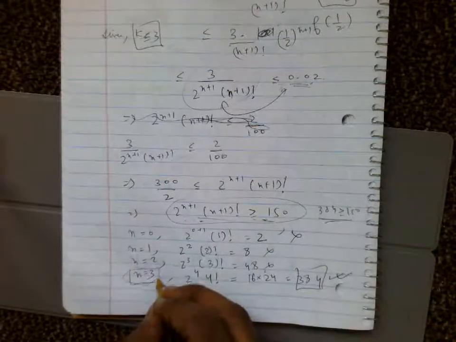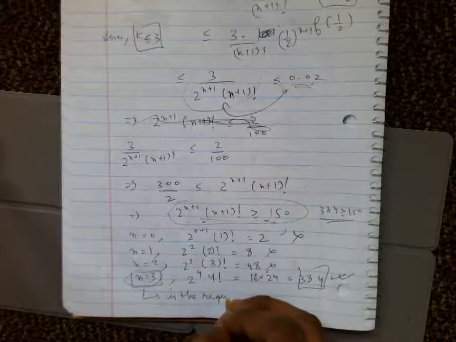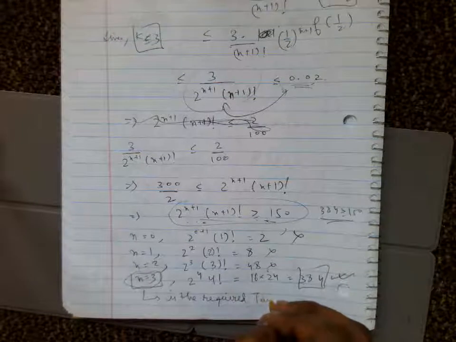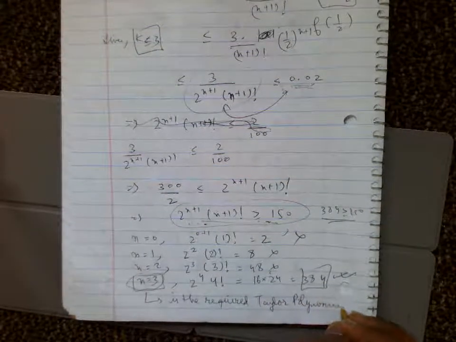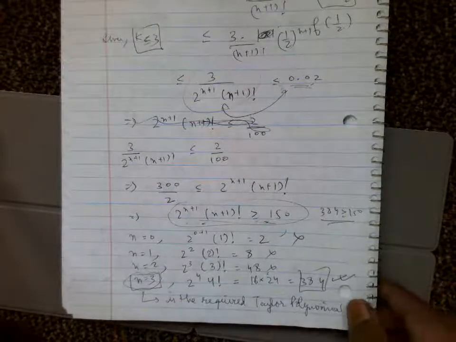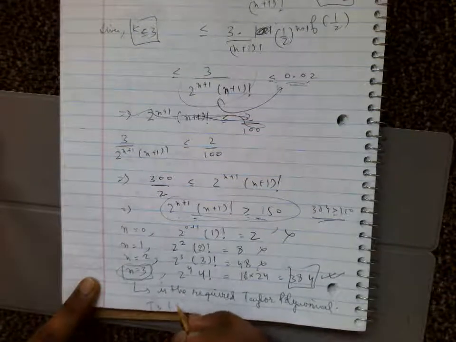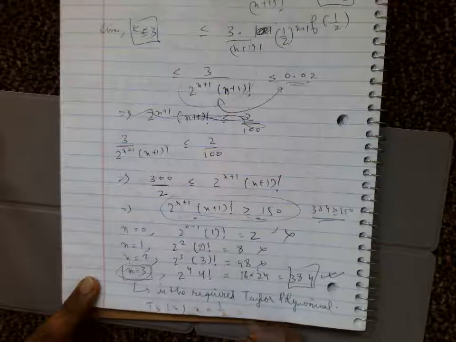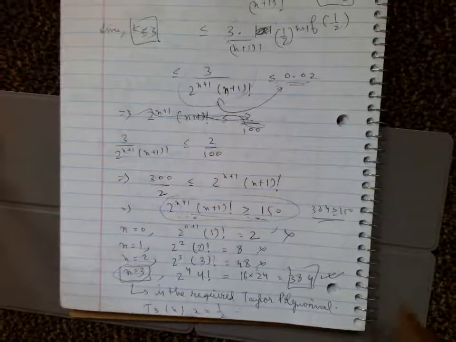So that means n equal to 3 is the required Taylor polynomial. And now we want to find T3 of x and substitute x equal to half in that, so that we get the required value.